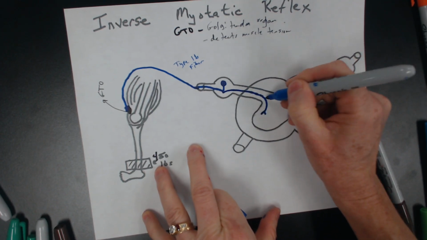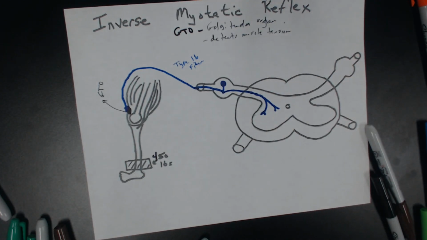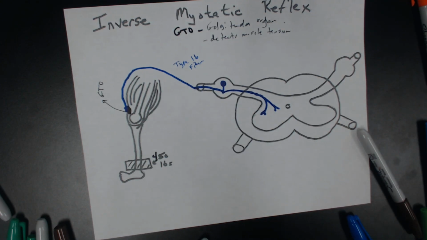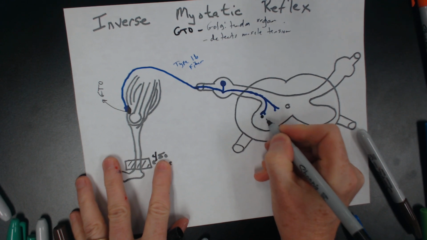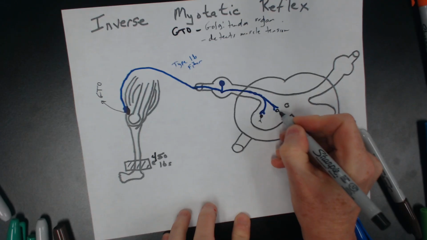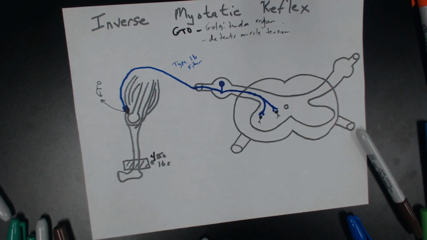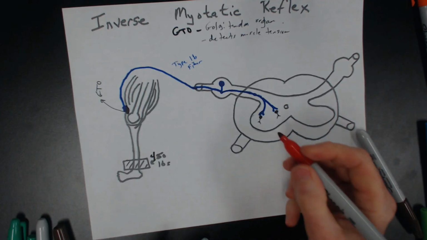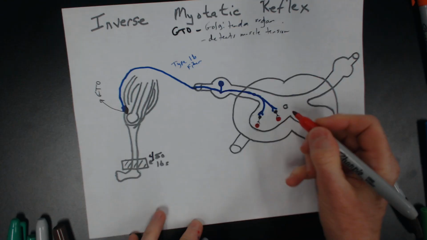Again, I have a bifurcation of the axons, and we're going to hook up with interneurons, and these interneurons are going to synapse with alpha motor neurons for quads and hamstrings. And I'll keep the same basic position. So this is going to be quad and hamstring.